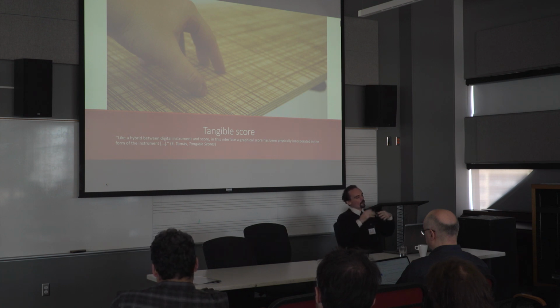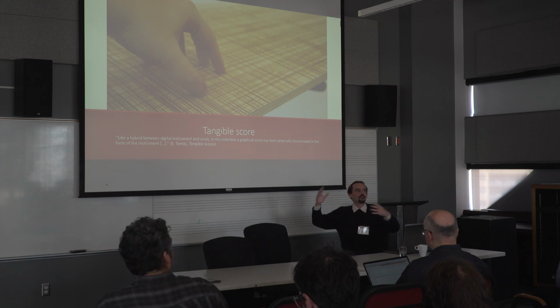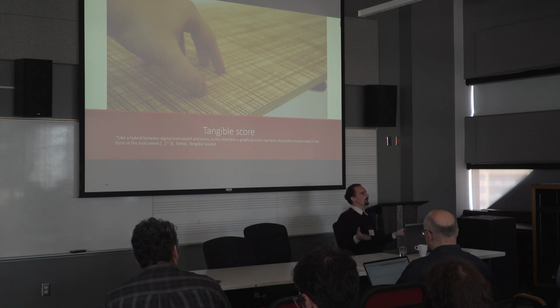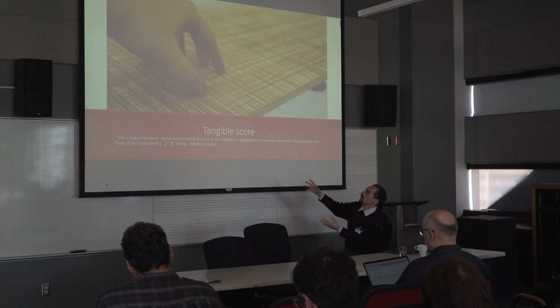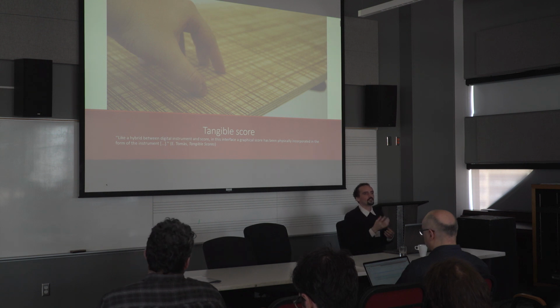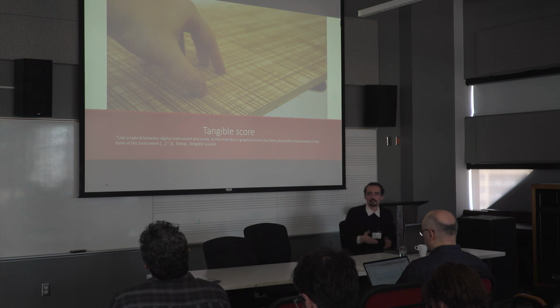Of course, this is not everything. A tangible score usually also has an electronic part, which works with concatenative synthesis, etc. But the main point is that you have a physical device, a physical interface, which is also a kind of indication, or a suggestion, of what to do in order to get a particular result.